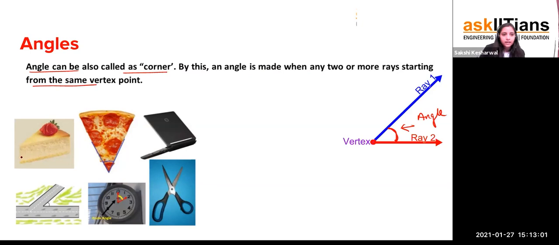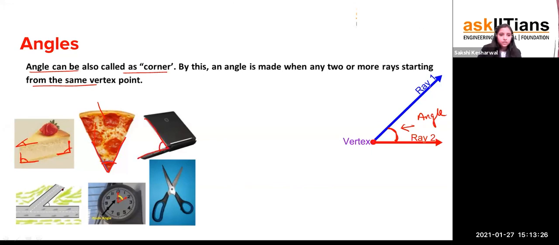So can I say that this is a ray, right? This is an angle, right? Can I say that this one is an angle, right or not? Yeah. This one is also an angle. If you open a laptop, this is an angle. A crocodile's mouth is an angle.